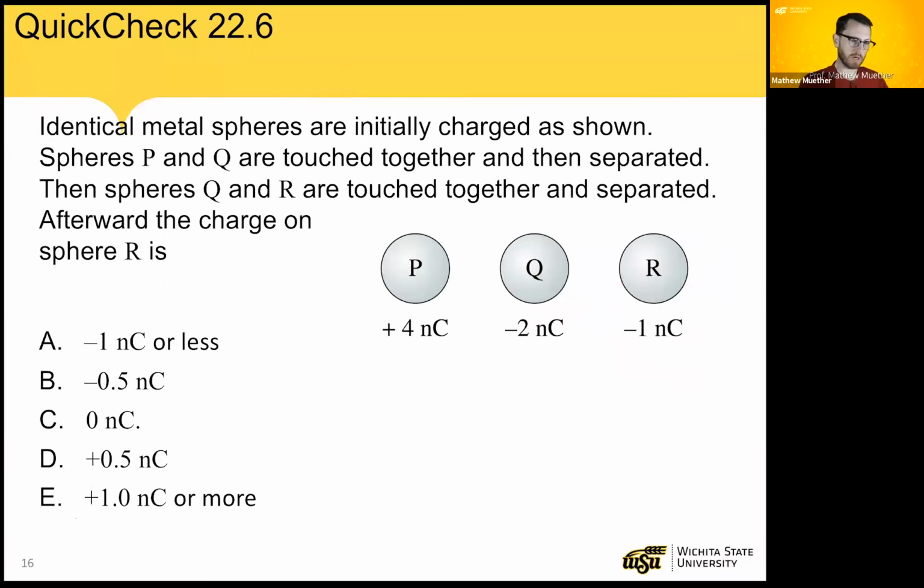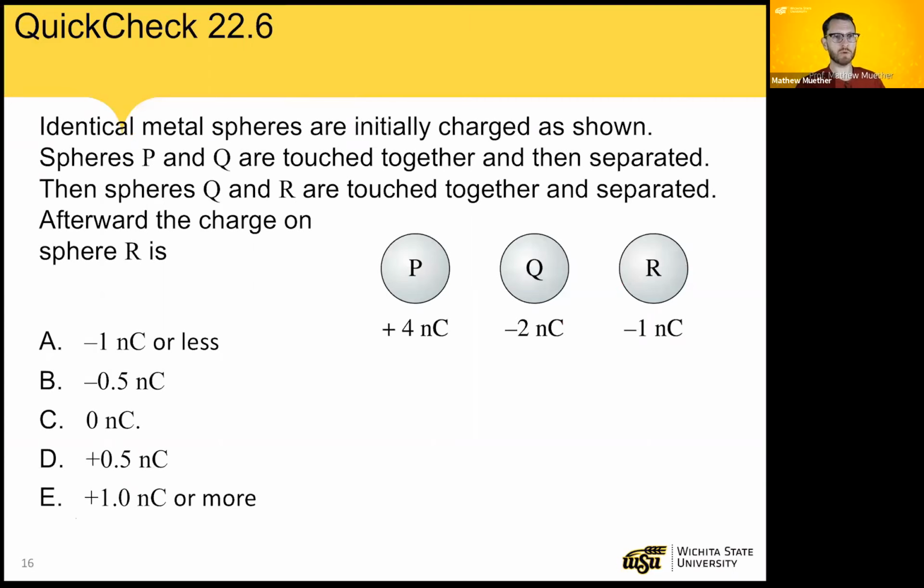What about this experiment? I have 3 identical spheres, right? They're all conductive spheres that have different initial charges set up on them. Sphere P has positive 4 nanocoulombs of charge, sphere Q has negative 2 nanocoulombs of charge, and sphere R has negative 1 nanocoulomb of charge.